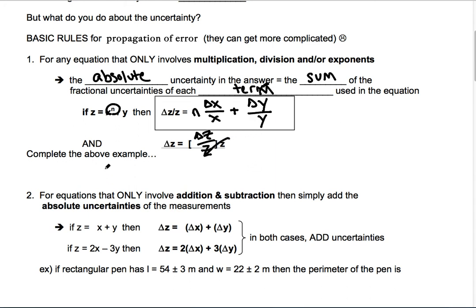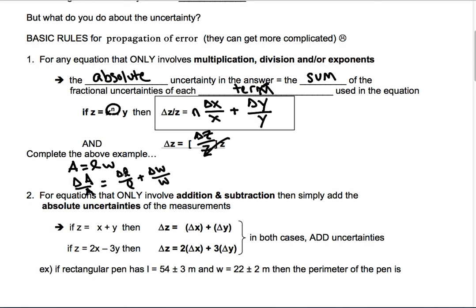So looking at the above example, if I have area equals length times width, then the fractional uncertainty in my area is going to be the change in length over L plus the uncertainty in my width divided by the width.